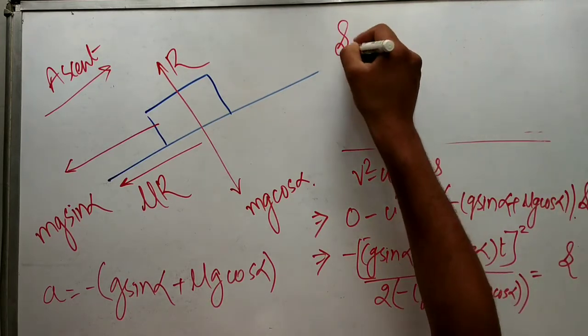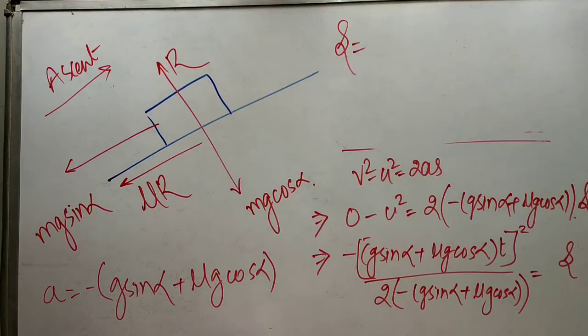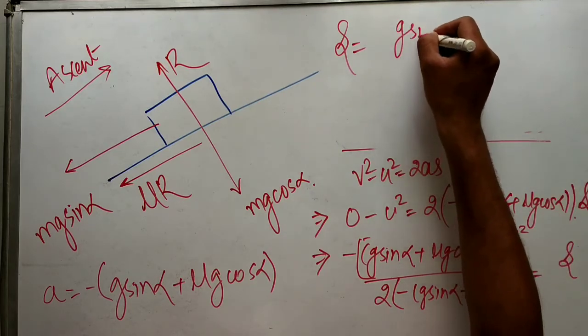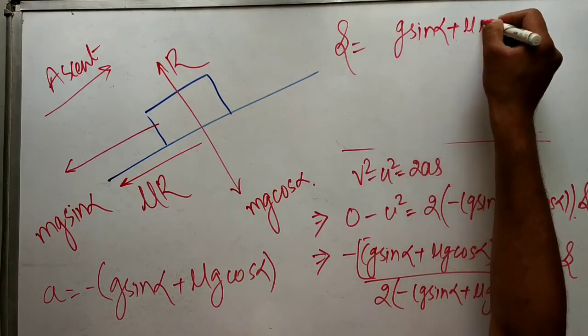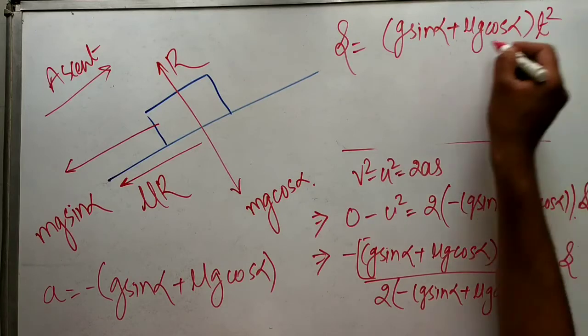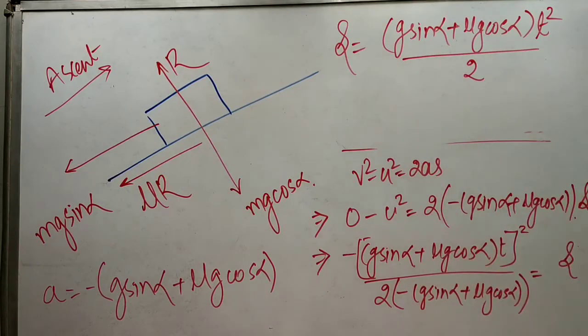So we will get s equal to (g sine alpha plus mu g cos alpha) times t squared, divided by 2.